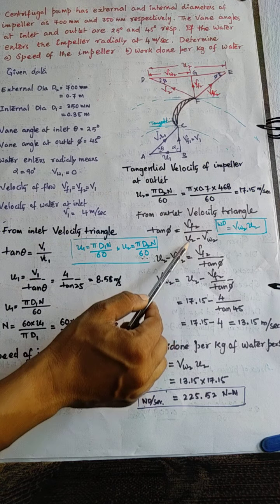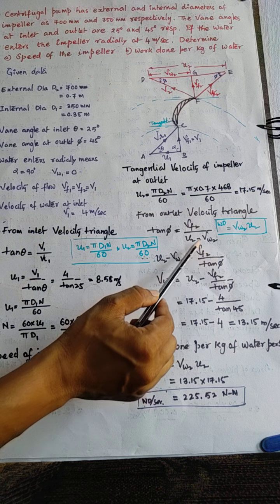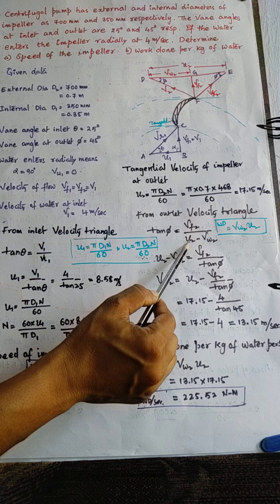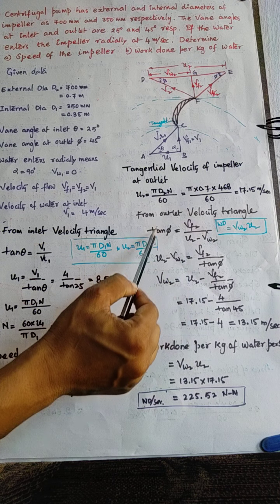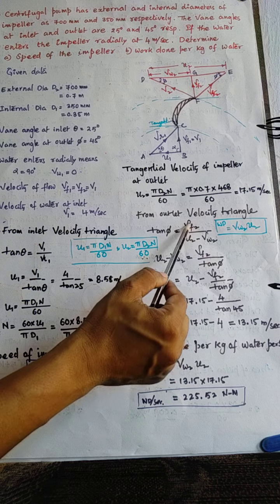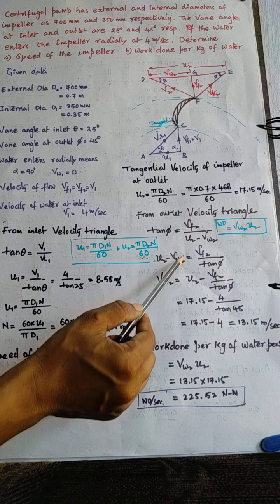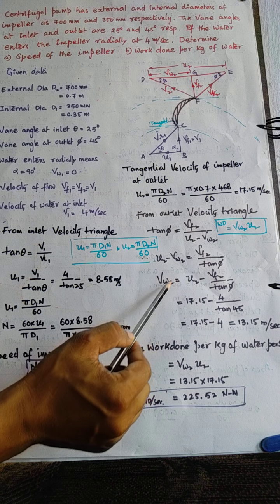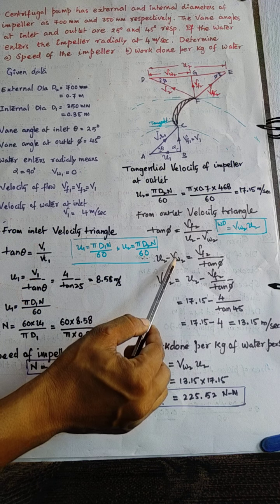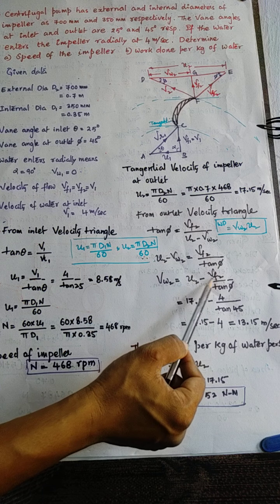Substituting those values, U2 is calculated from the formula, and Vw2 we have to find. By rearranging this formula, U2 minus Vw2 is equal to Vf2 by tan phi. Rearranging once again, Vw2 equals U2 minus Vf2 by tan phi.